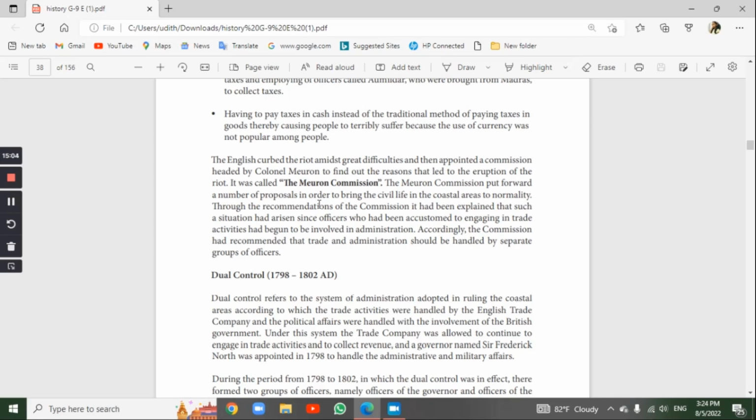The Muran Commission put forward different proposals. They said that other things would be handed over to different people, but the administration would be taken by the British.